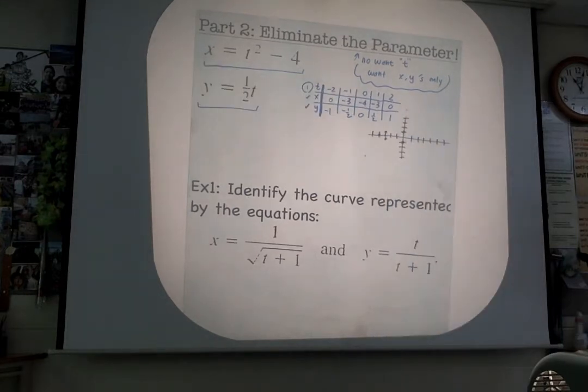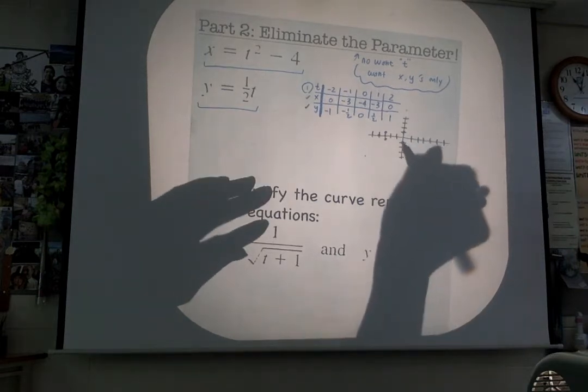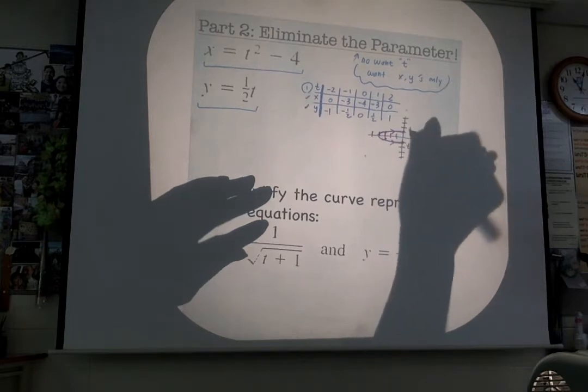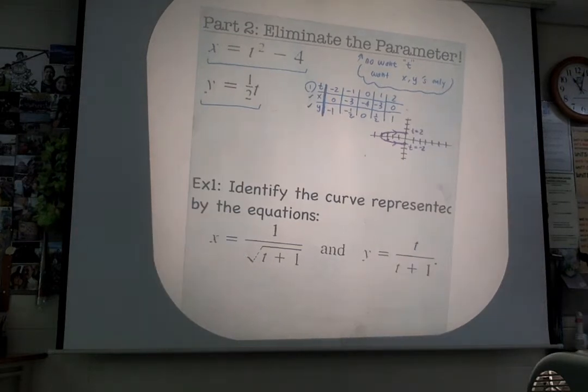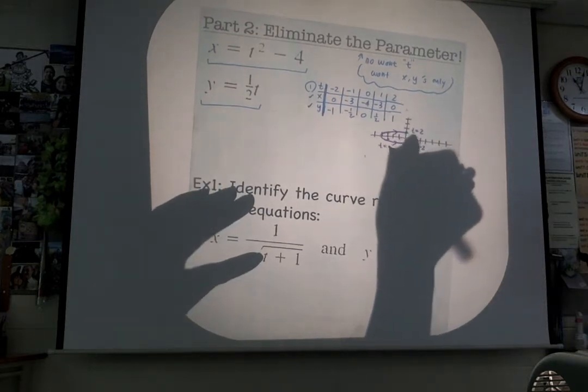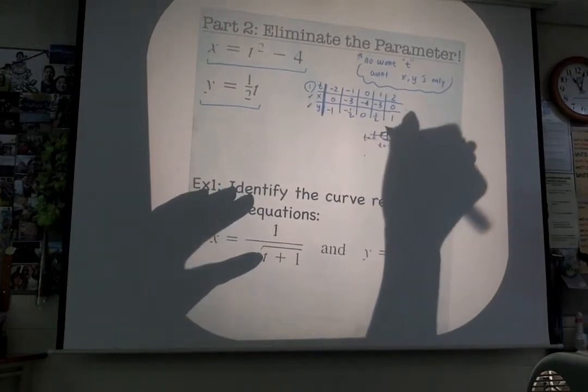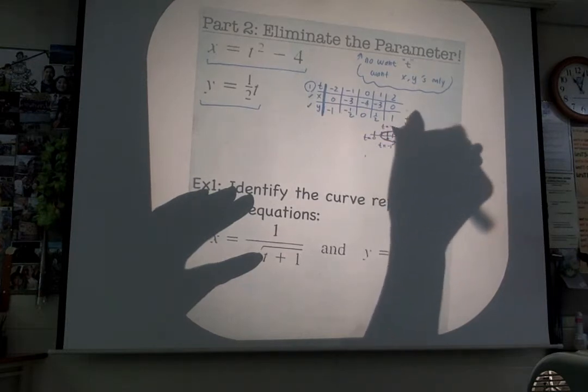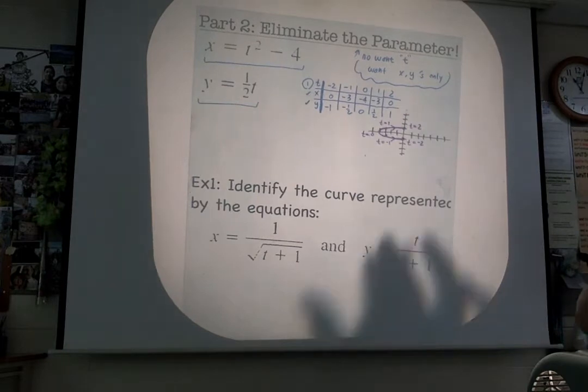So it looks like I have a horizontal parabola, right? It's traveling like this, and I know I'm starting at t equals negative 2 and ending at t equals 2. Remember, label everything: t equals negative 1, 0, 1, and 2. That's what it looks like.